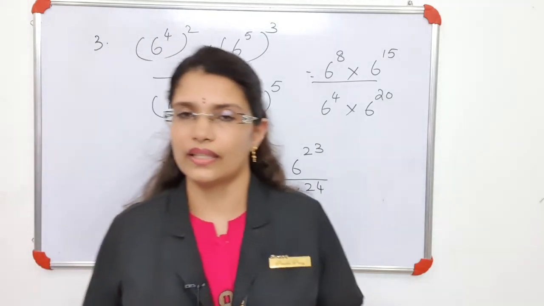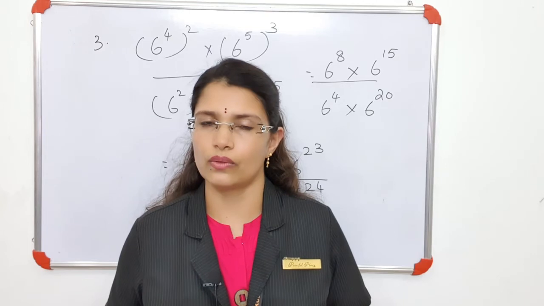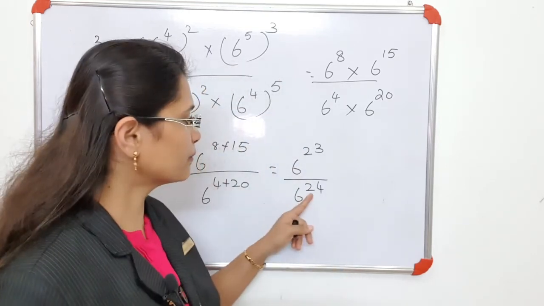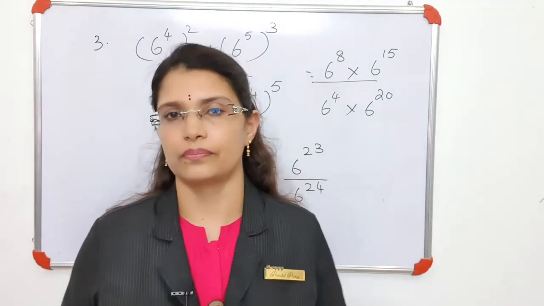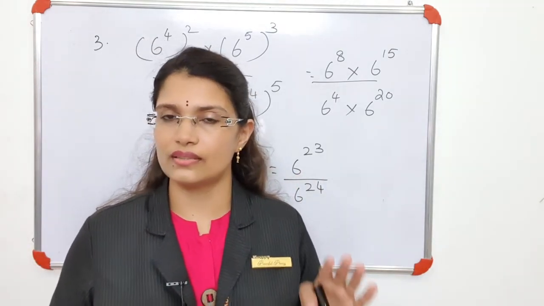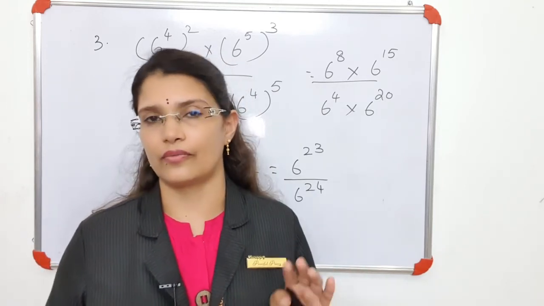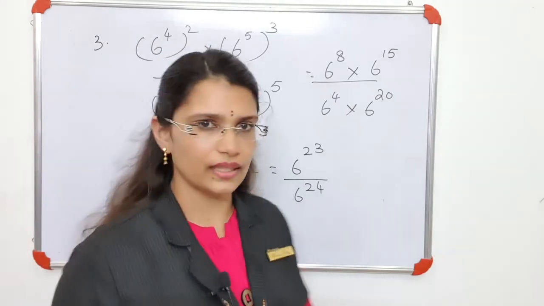Children, can we apply here the x raised to m divided by x raised to n rule? Yes, but one condition is there. This is m, this is n, m is smaller. So, how to do this? 1 divided by x raised to n minus m. Why n minus m? Because n is greater, right?